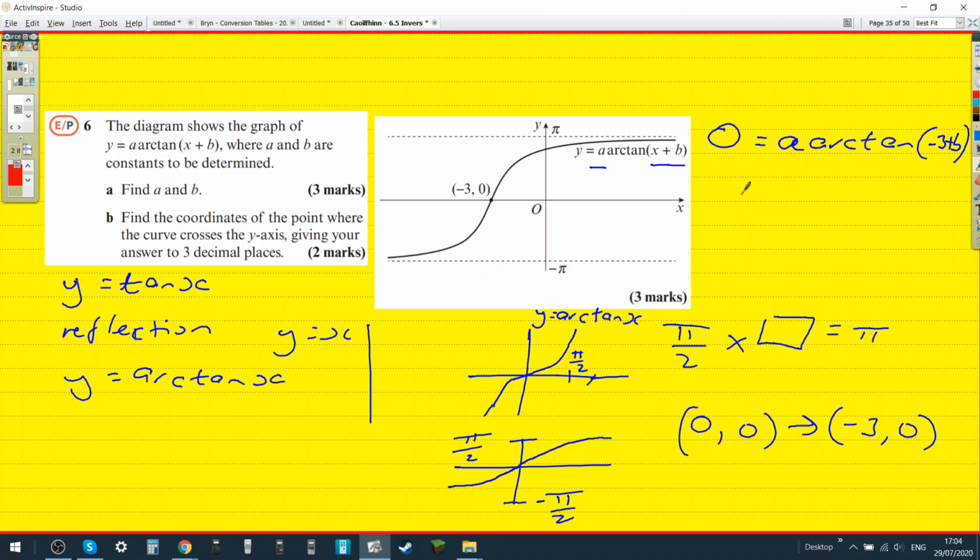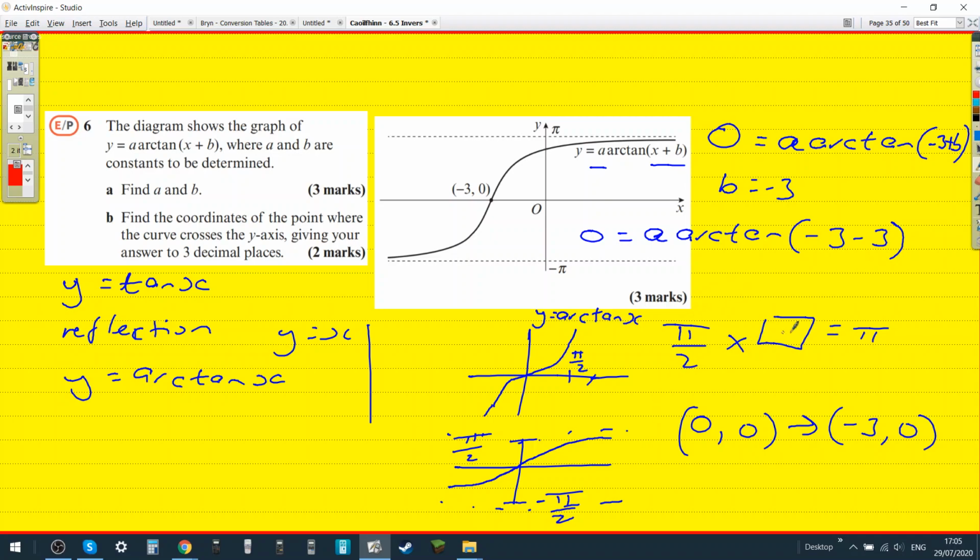Yep. B must be minus 3. And so 0 equals a arctan of minus 3 minus 3. You can do it that way, or pi over 2. So the asymptote was pi over 2. The asymptote became pi.